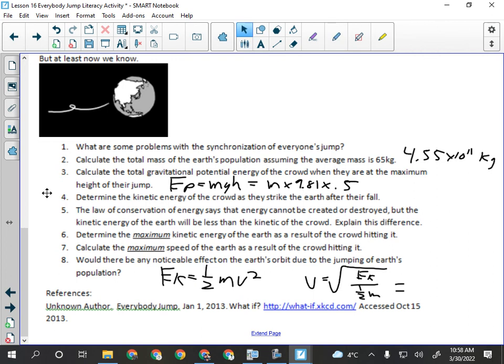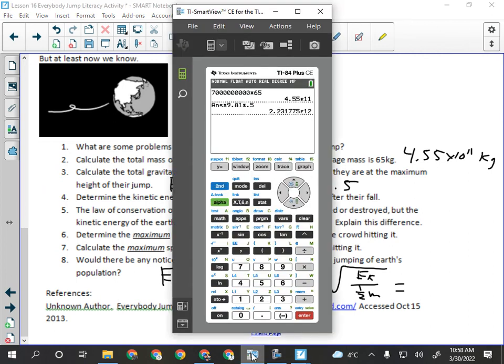So I'm going to take that number I calculated, that's the energy, and I'm going to go square root of that number divided by 0.5 times 5.98 times 10 to the 24.